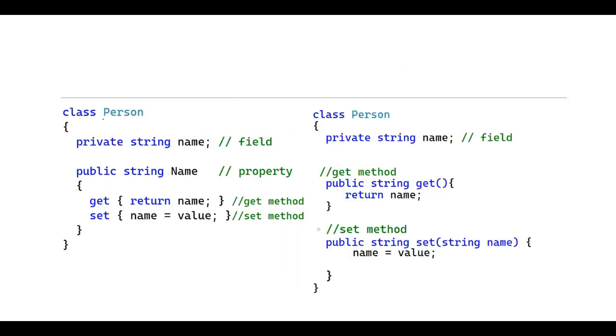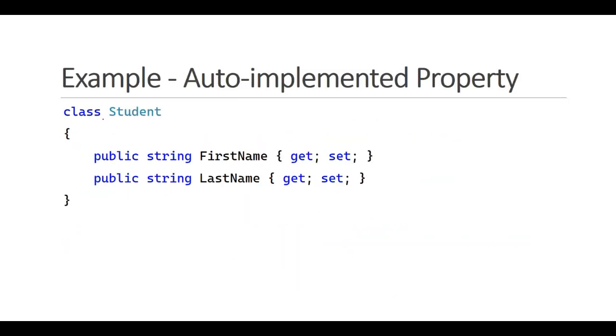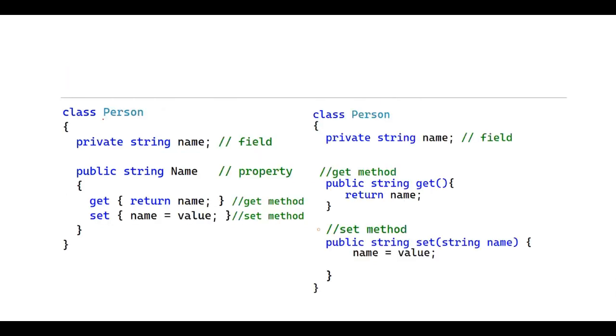It is also possible to use the property like this. I'm going to explain. The string name here is the field. And here Name is the property, and get is a method that returns the value of the name when you want to get it.